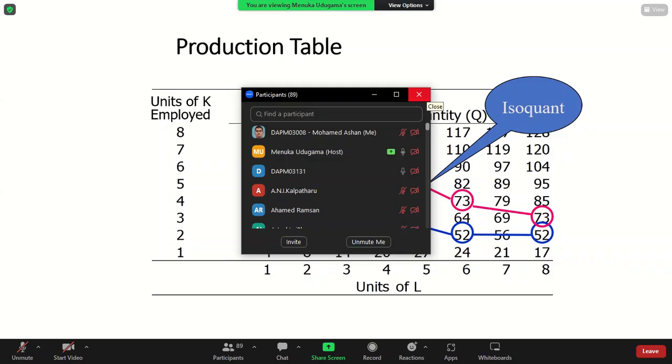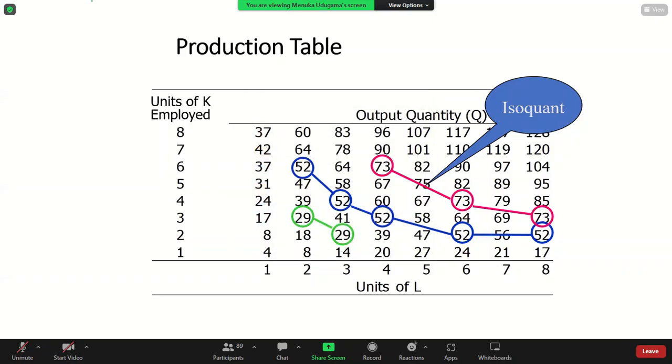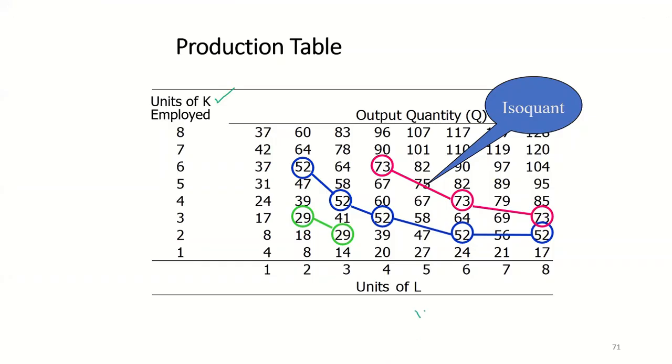Okay, now here you have two inputs, labor and capital. K stands for capital, L stands for labor. Let's say you are producing using labor and capital. We have plotted the output you get when you use both inputs in this table.